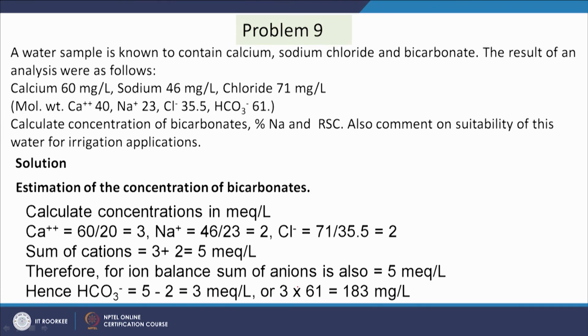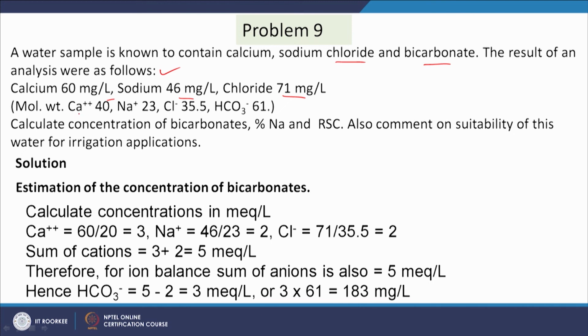Now, we are coming to problem number 9. The statement is: a water sample is known to contain calcium, sodium, chloride and bicarbonate. The results of an analysis were as follows: calcium 60 mg per liter, sodium 46 mg per liter, chloride 71 mg per liter.